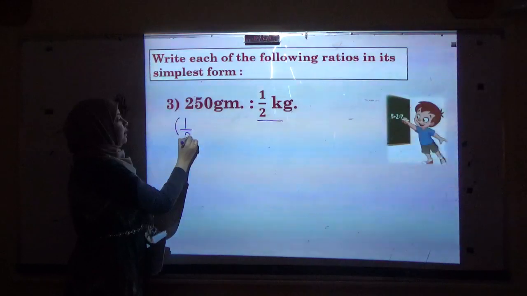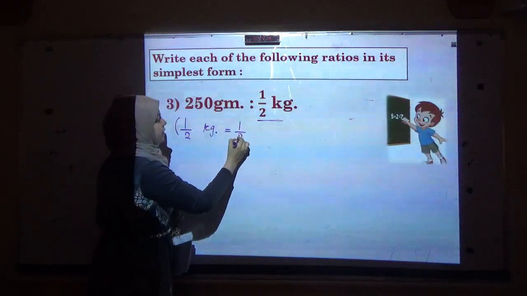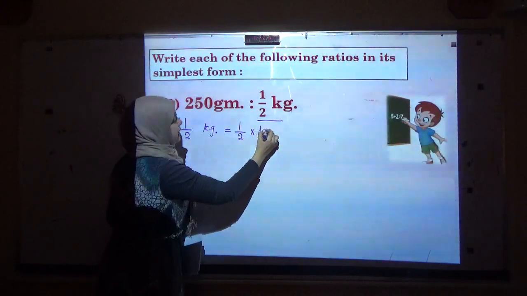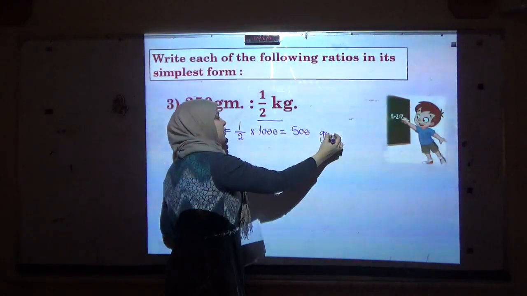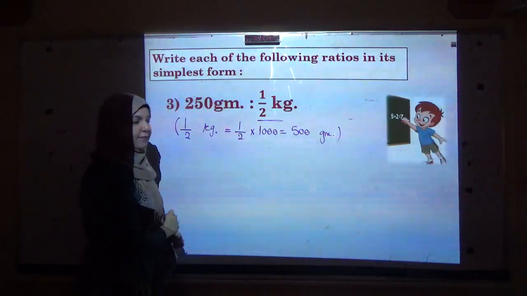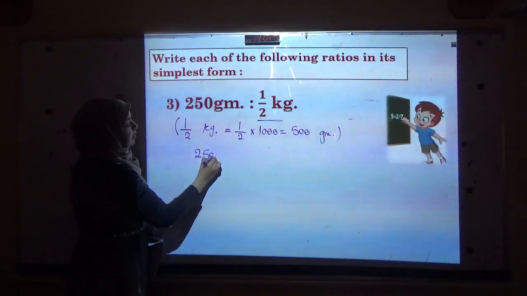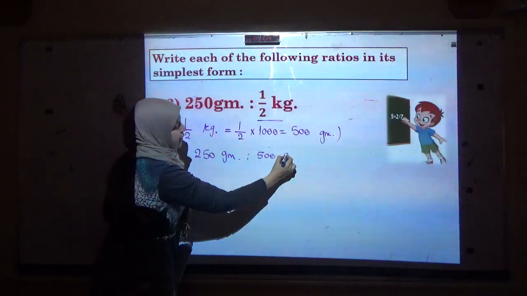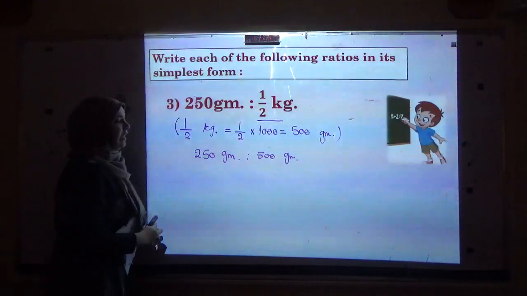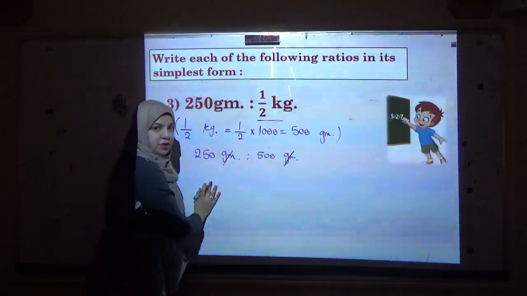So half a kilogram equals half multiplied by 1000 equals 500 grams. Or we know that half a kilogram equals 500 grams. So 250 grams to 500 grams. Now cancel the unit, because the ratio between two quantities has no unit.